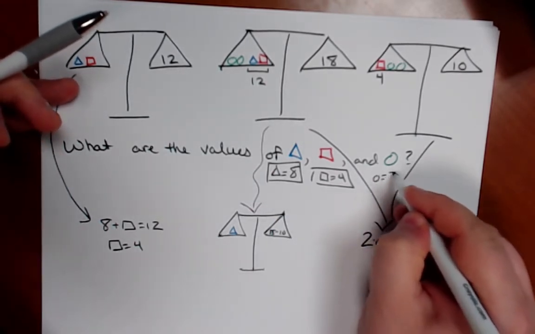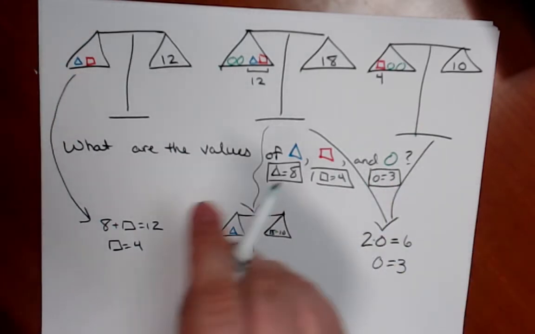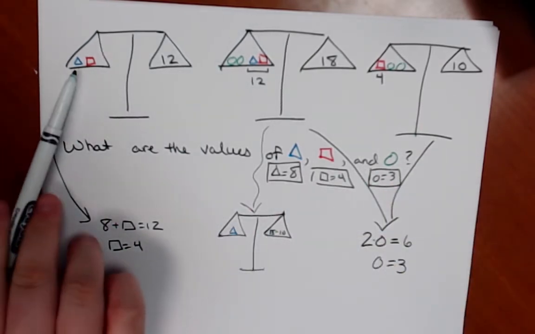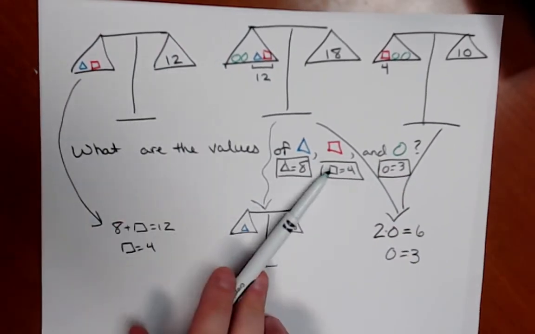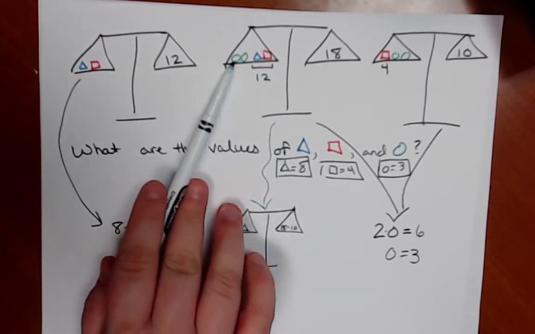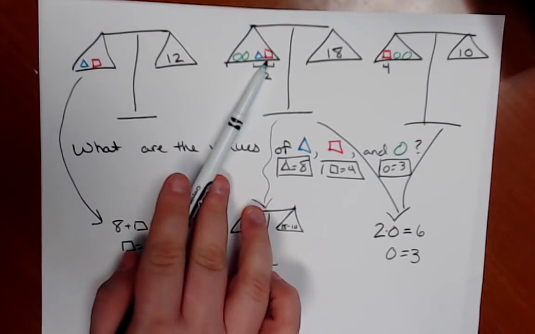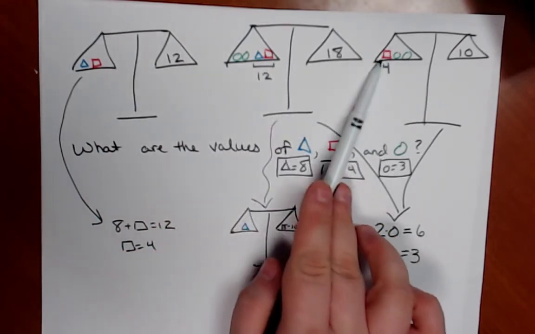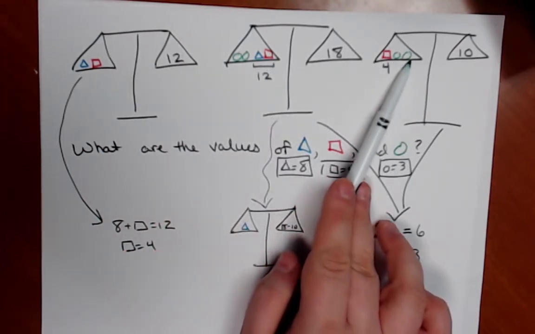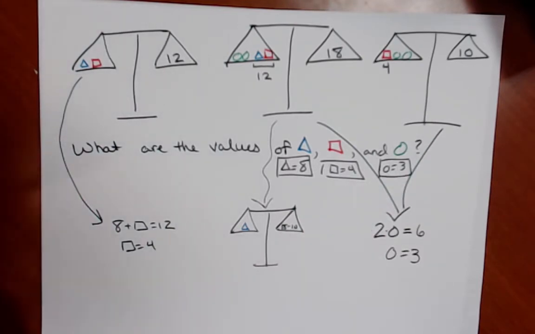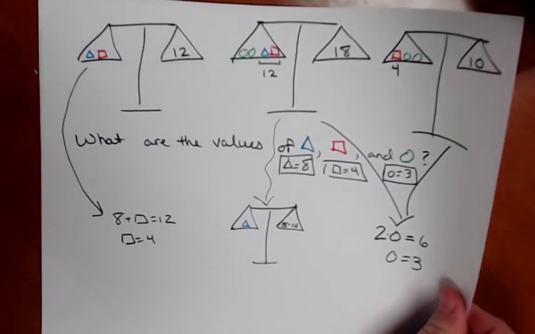So circle equals 3. And we can confirm: 8 plus 4 equals 12, good. 3 plus 6 plus 8 is 14, plus 4 is 18, good. 4 plus 3 is 7, plus 3 is 10, good. So those are our values of triangle, square, and circle.